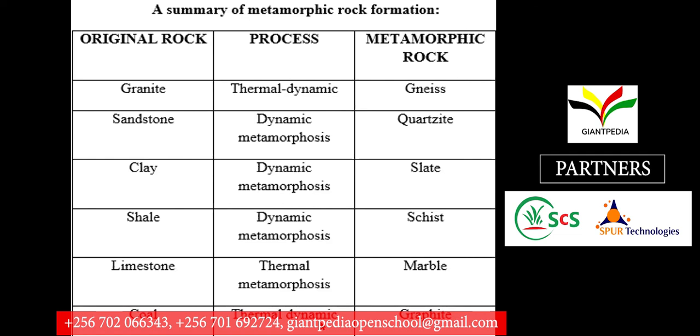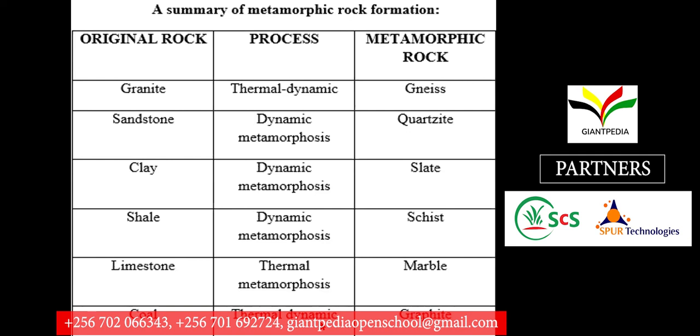Difference between graphite and granite. Granite is a plutonic igneous rock. It is a deep-seated rock made up of huge or coarse grains because the rate of cooling during the formation was very low.